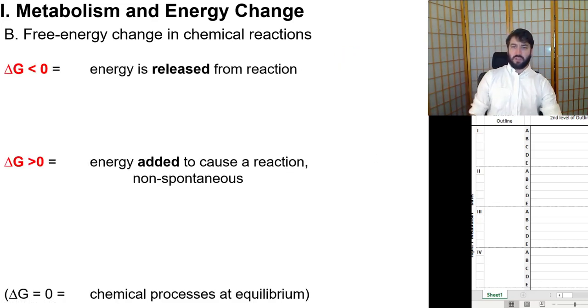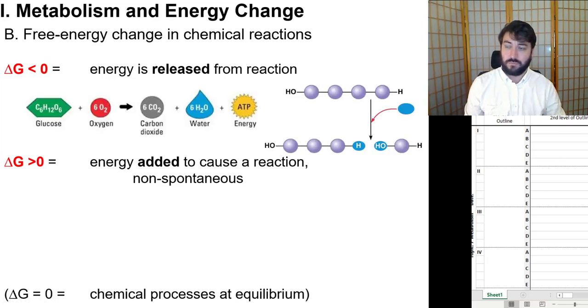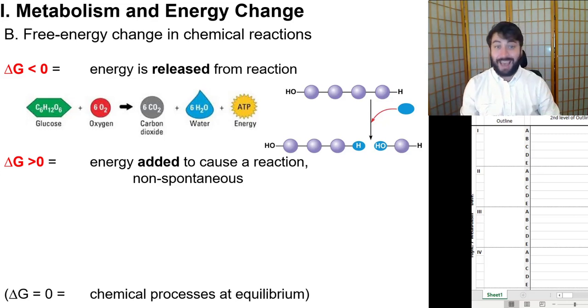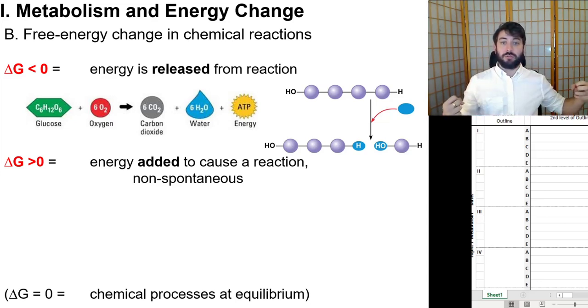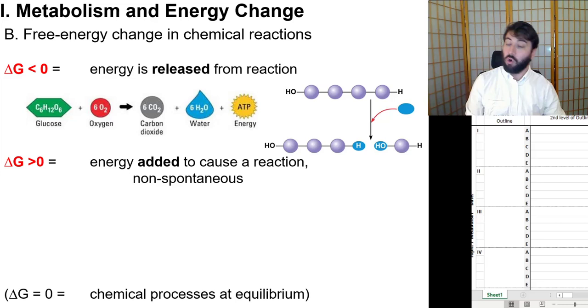Now, when delta G, so the change in free energy, is negative or less than 0, that's when energy is released from a reaction, like during catabolic reactions. Cellular respiration, for example, is a catabolic reaction where you take a glucose molecule and some oxygen, and then you break down that glucose into carbon dioxide gas, water, and energy in the form of ATP.